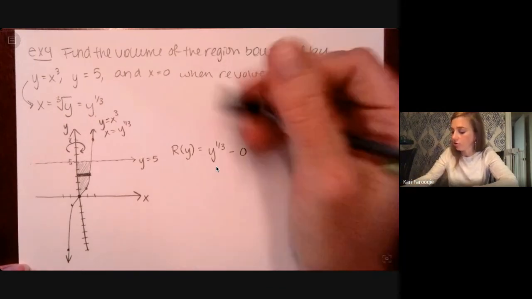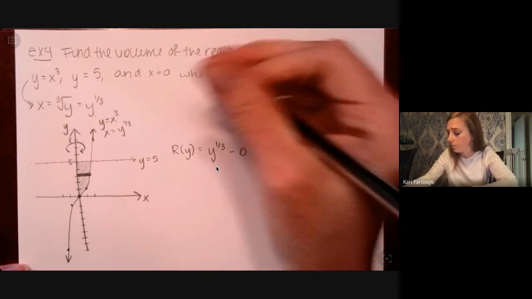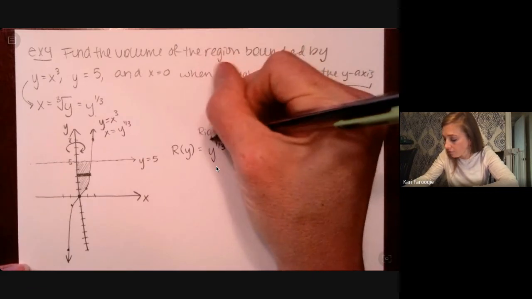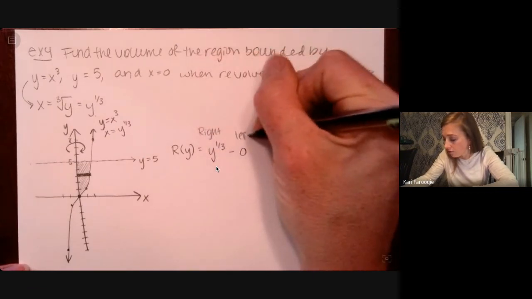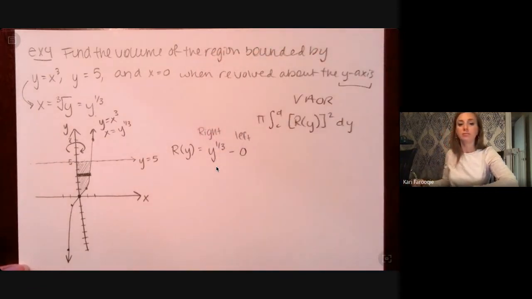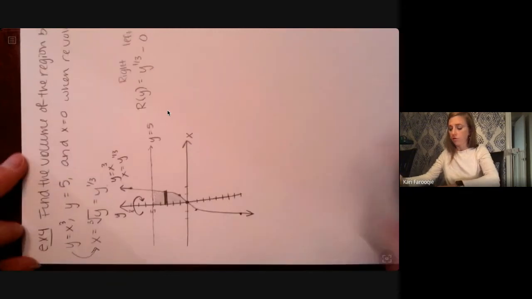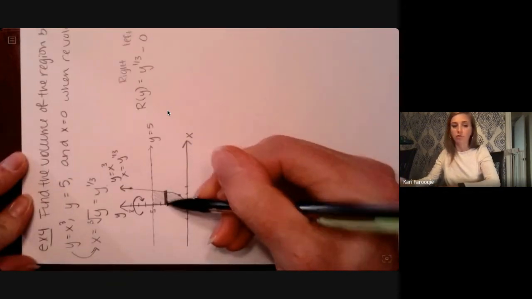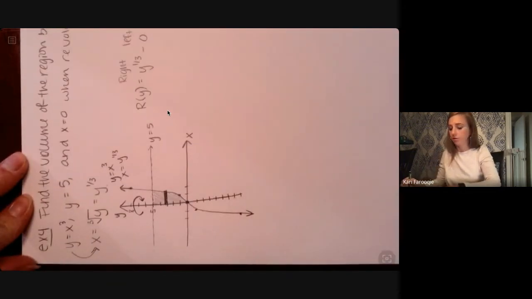So that's why I'm actually showing this and subtracting off 0. So we're going with right minus left. And again, if you want to flip this 90 degrees, you can think of it as top minus bottom. Just keep writing it the way that you're seeing it, with respect to the variables that you are seeing this displayed with.